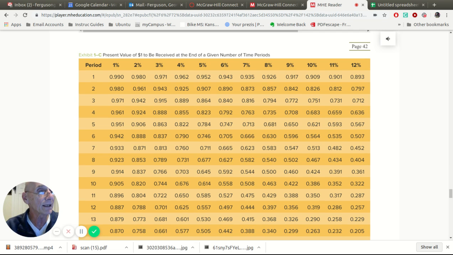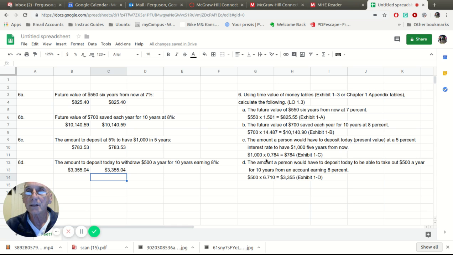You're looking at 5%, 5 years from now. Here's 5% on your money, 5 years, 0.784. So I take that $1,000 times 0.784. So I have to put aside $784 now so that at the end of 5 years I have $1,000. The present value of a single amount.